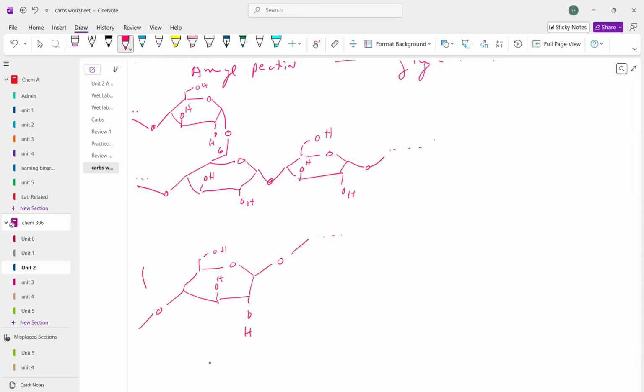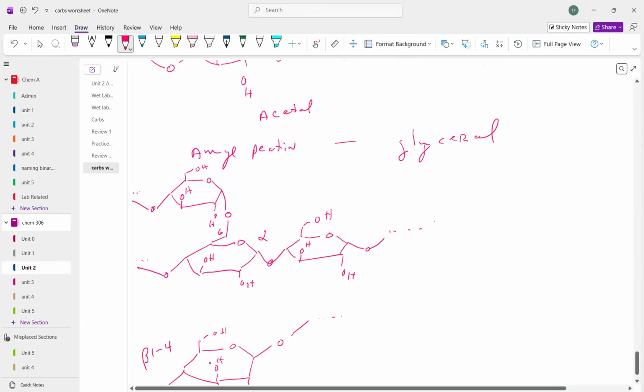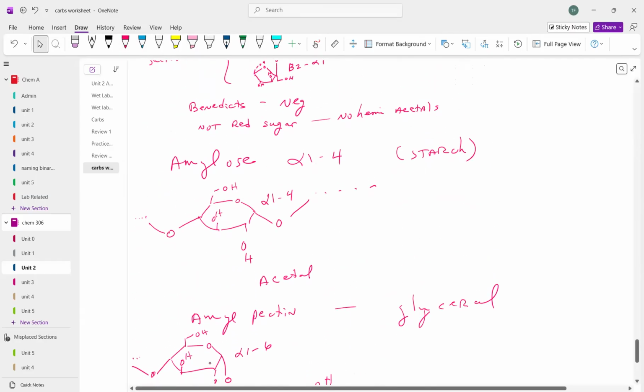The linkage here is beta 1,4. These are all alpha 1,4, alpha 1,6. Okay, so those are the biochemicals you need to know, and all the reactions that can go with them, the linkages, etc.